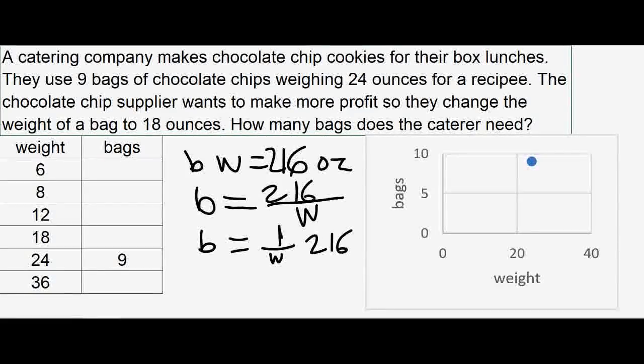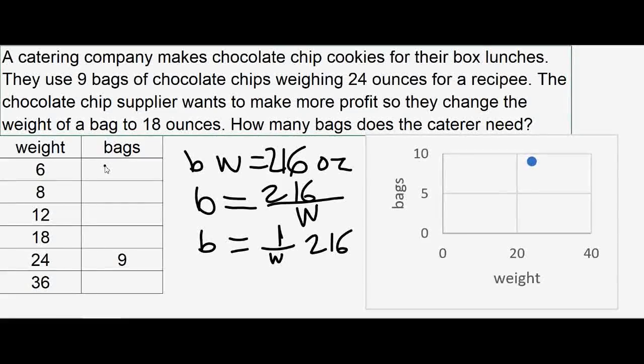So what we're saying here is that the number of bags is proportional to the reciprocal, or the multiplicative inverse, of the weight. So we say the bags are inversely proportional to the weight.